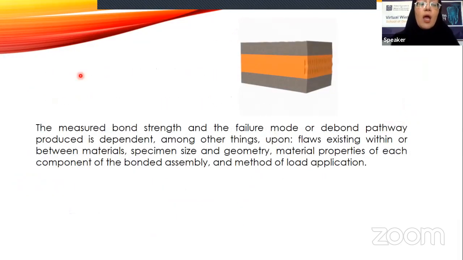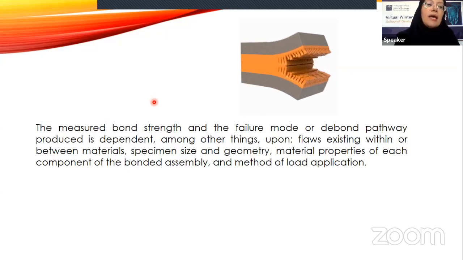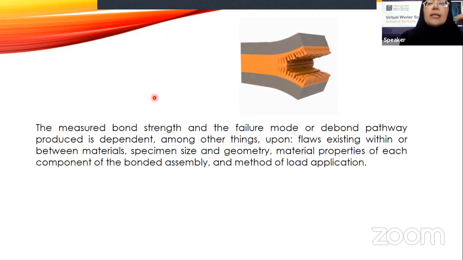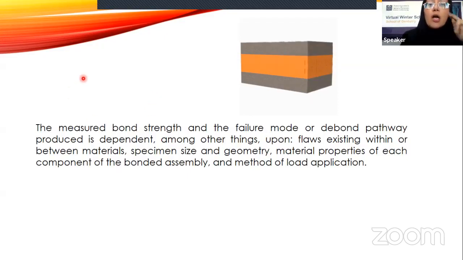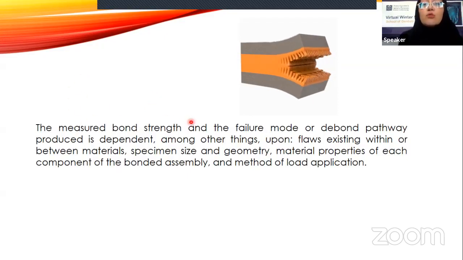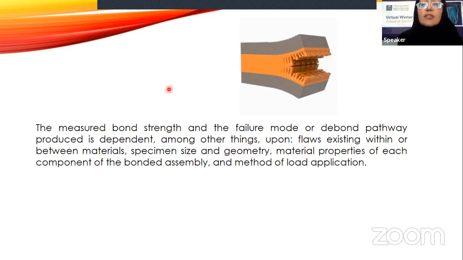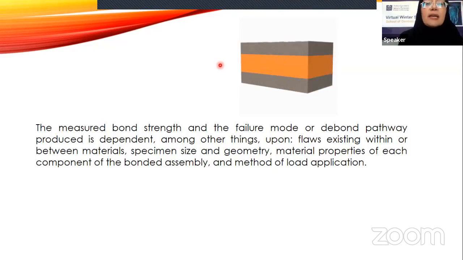In the evaluation of adhesion, in an adhesion test, we have to consider that the measured bond strength and the failure mode depend on different factors, including the existing flaws within or between the materials, the specimen size, and also their geometry.